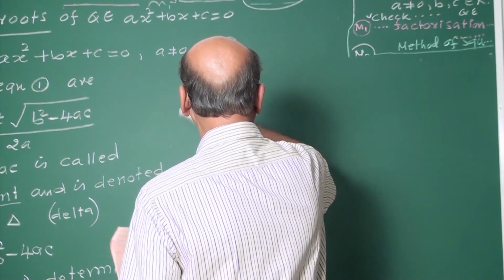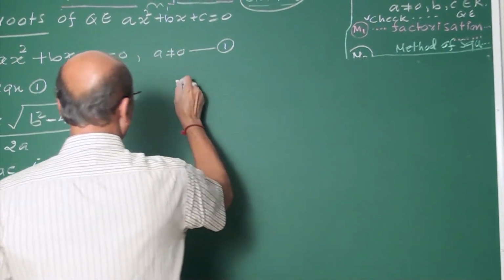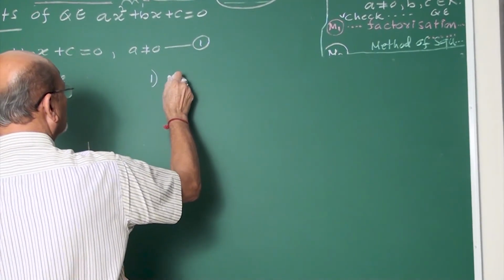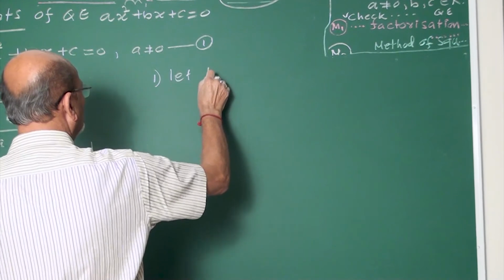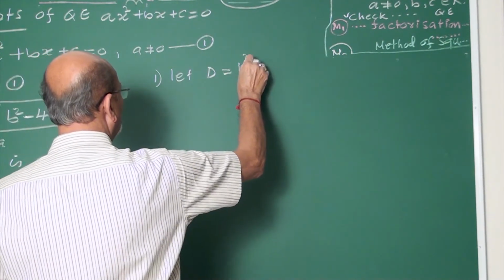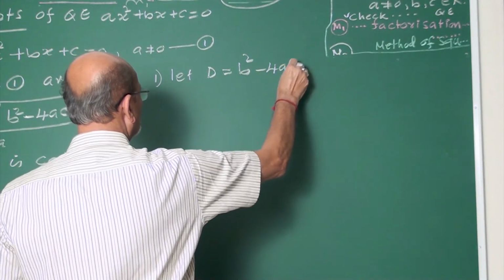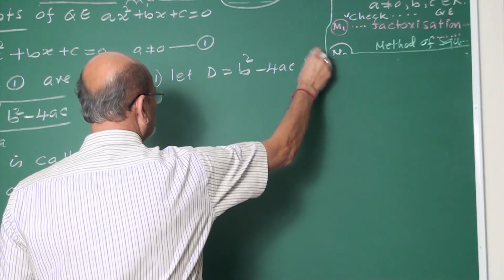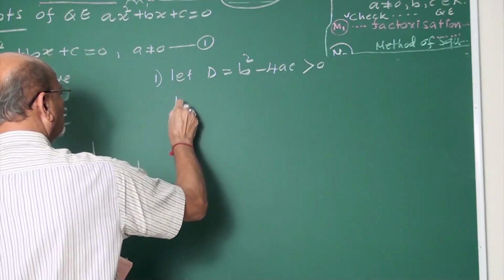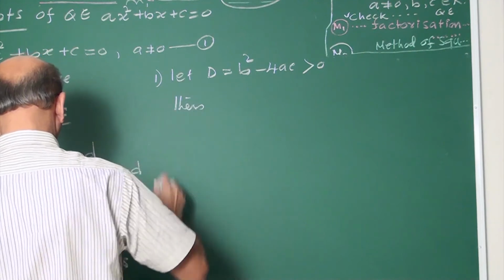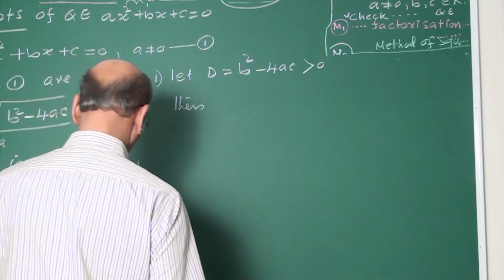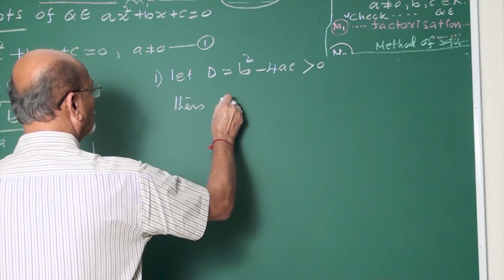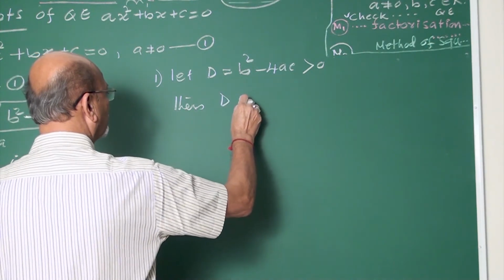Case 1. Let D equal to b square minus 4ac be positive. Then tell me, my friend, when this is positive, what about root D? It is real.